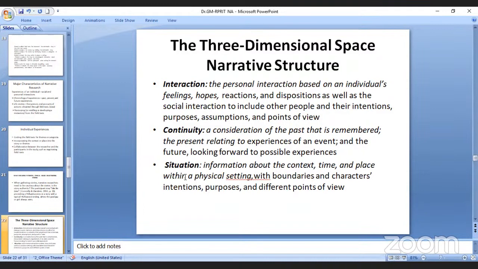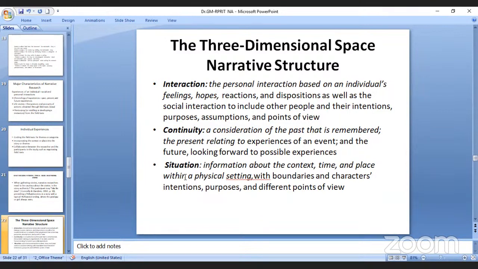Then situation. Information about the context, time, and place within a physical setting with boundaries and characters' intentions, purposes, and different points of view. So this is about situation. Information about the context: your behavior may be different from context to context.